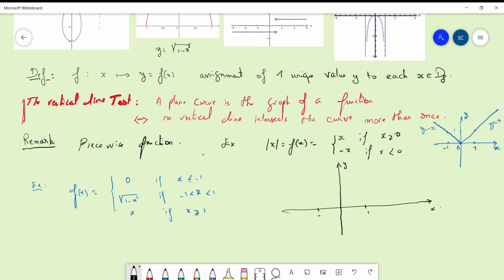For x less than minus 1, the function takes 0, so for an x here, the corresponding y of the point is 0. That means the point is here. If you repeat like that, you will describe this part of the points.